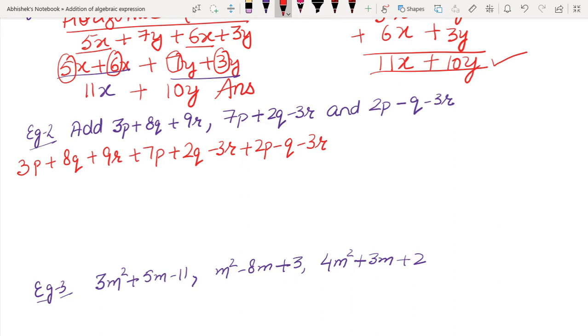Now the terms are arranged to collect the group of like terms. So just collect the like terms. 3p plus 7p plus 2p. These are like terms.